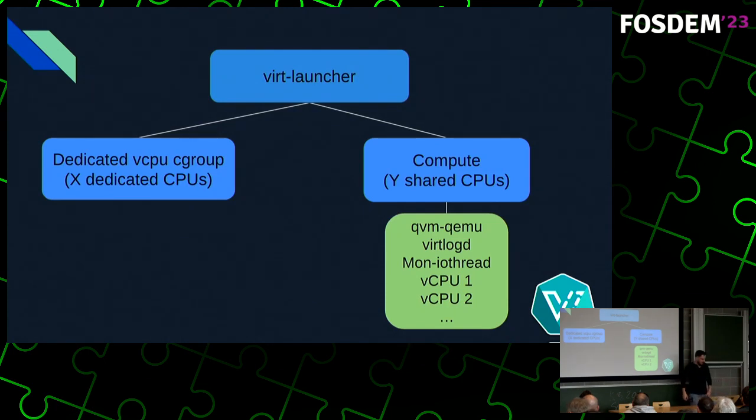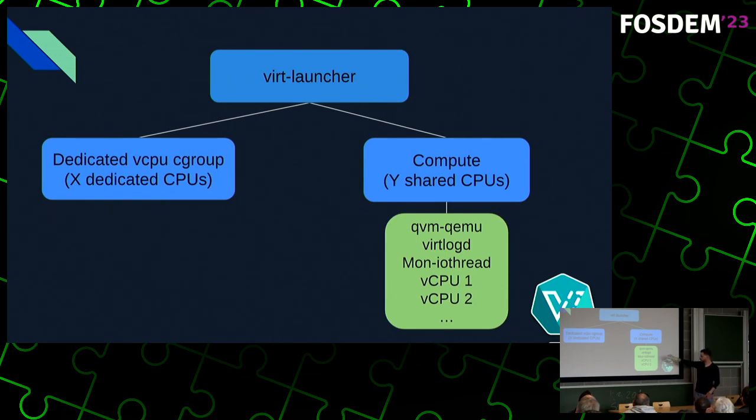So this is how it looks. Before the VM starts, we have the virt launcher. Now we have two different containers. One of them is the compute container with Y shared CPUs. These are not dedicated CPUs. The other one is a container with X dedicated CPUs, exactly the amount we need, not X plus 1 as before.